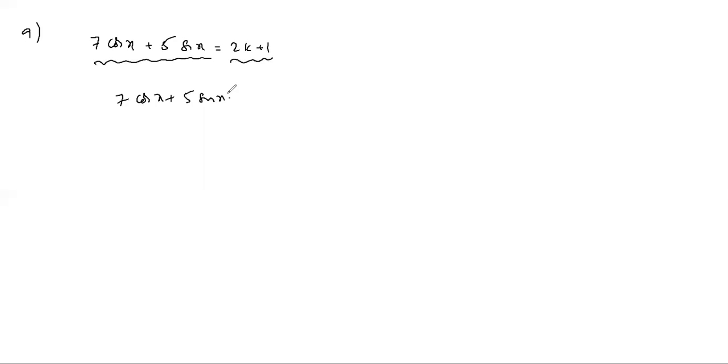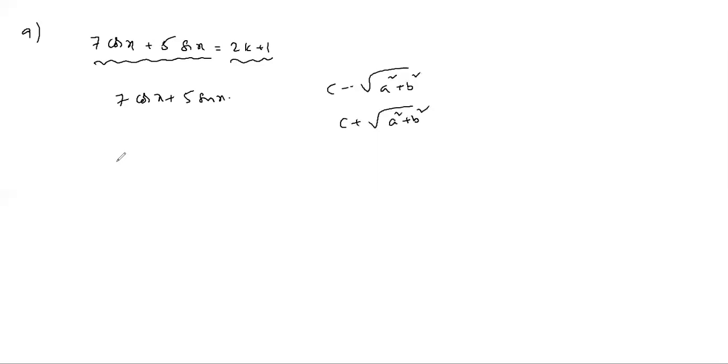What is the range of 7 cos x plus 5 sin x? Minimum value is c minus root of a square plus b square. Maximum value is c plus root of a square plus b square.